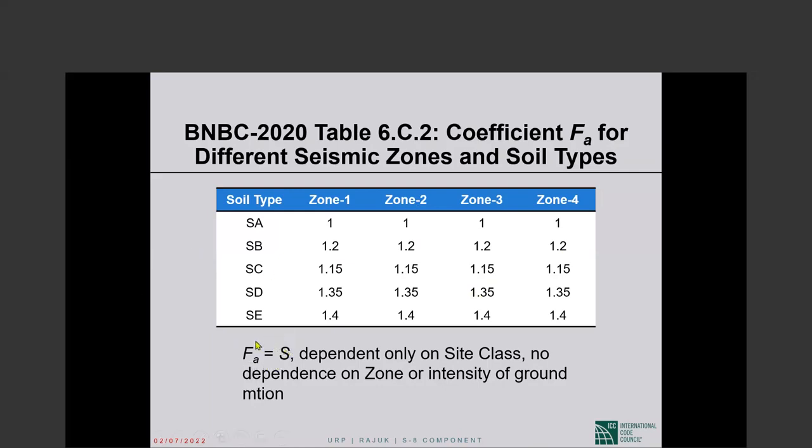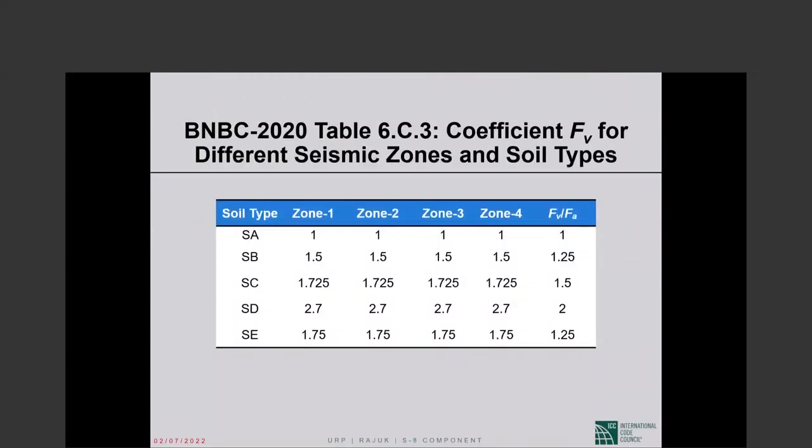S sub S is no different from F sub A, the short period site coefficient. As I just mentioned, it depends only on the site class, no dependence on zone or intensity of ground motion. Okay, so F sub A, as given in this table, is also the soil factor S of BNBC 2020.